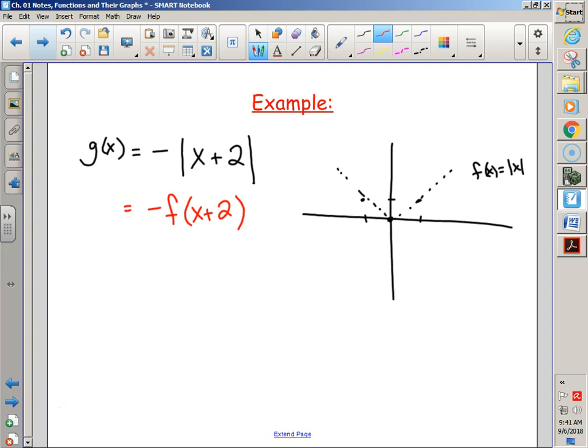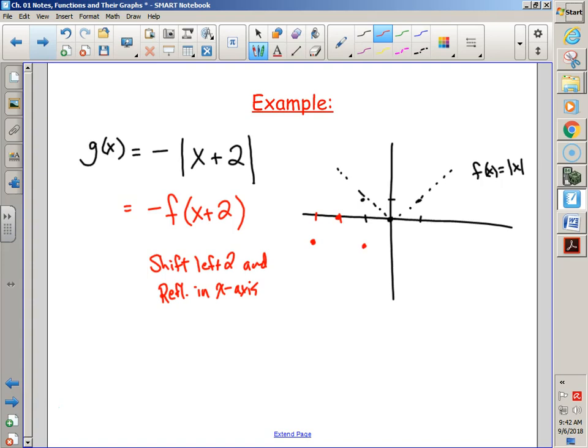So the technical way, we would say shift left 2 and reflect in the x-axis, reflect over the x. Can't I take one point at a time and go left 2 and ask whether it flips anywhere? Can the 0, 0 flip? He stays there. But how about this guy? I'm going to take him left 2, but then where's he going to go? Flip down. And this guy left 2 and flip down.